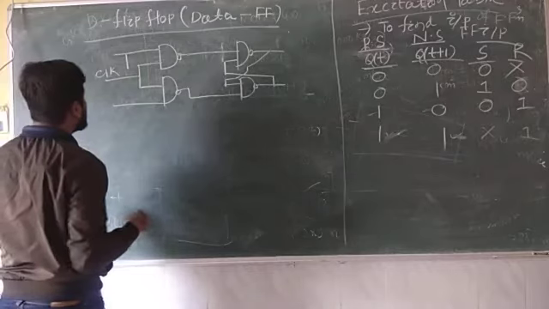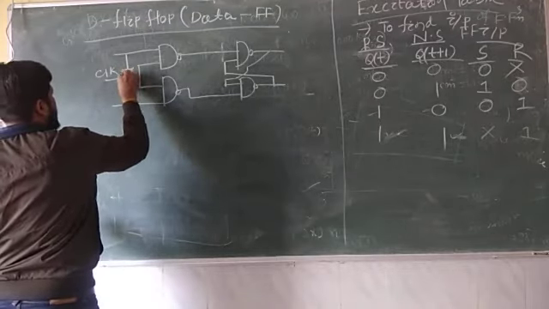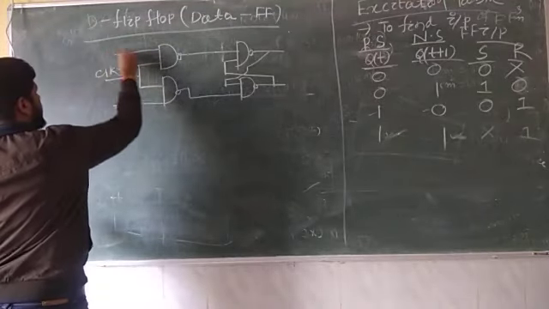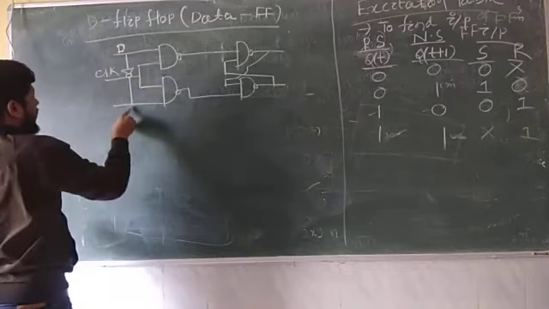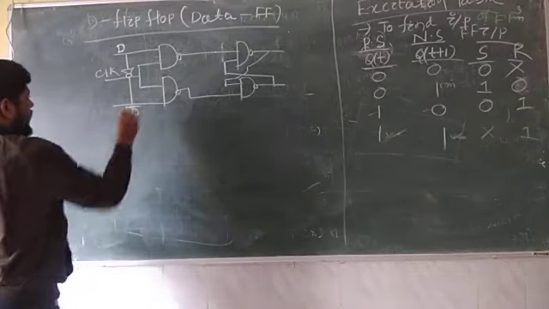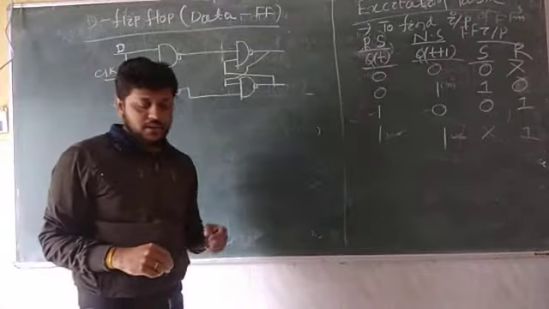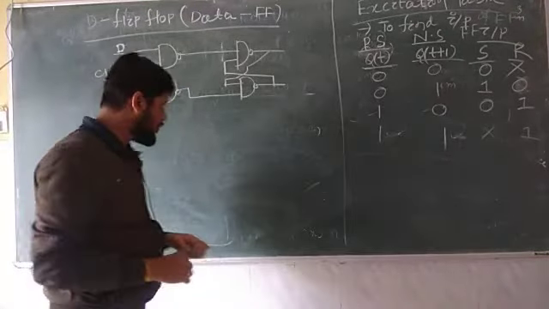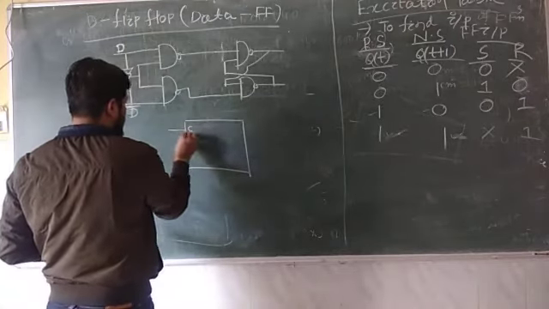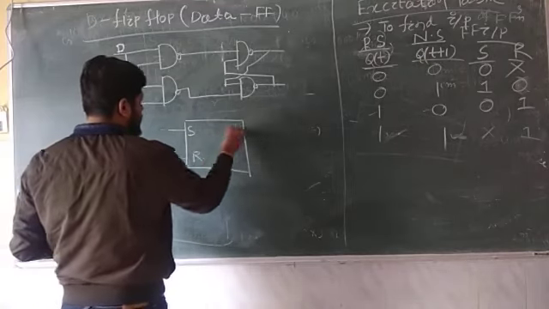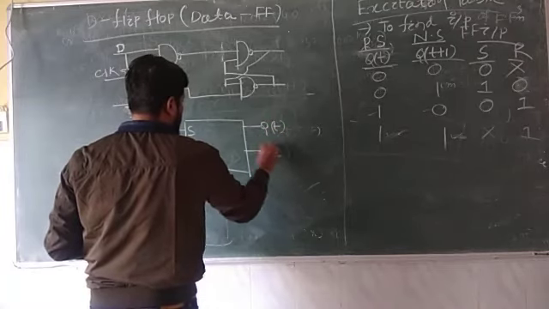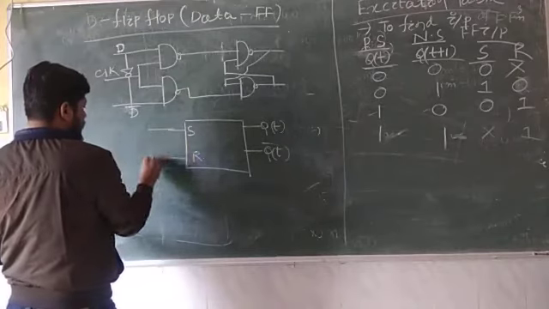Here a NOT gate is connected. For example, this is D, then what is coming here is D bar. So D and D bar. This is nothing but the SR flip-flop. I am going to draw it once again. Suppose your SR flip-flop is given, and we have Qt and Qt bar. Then how to construct this?